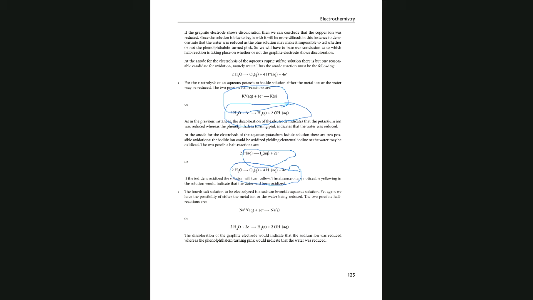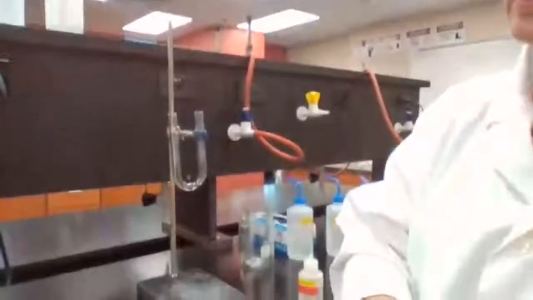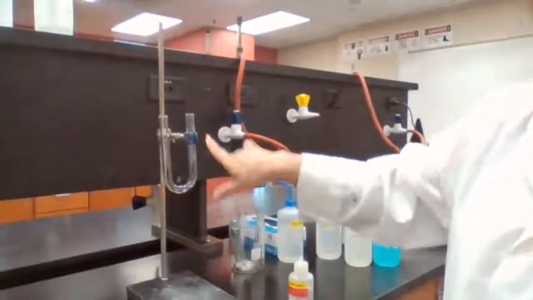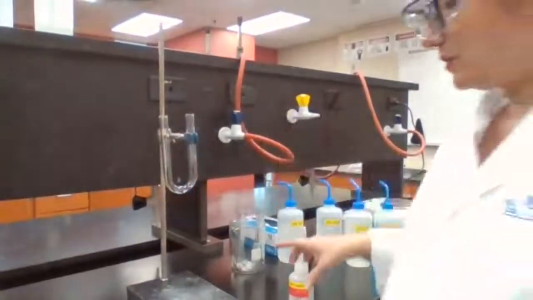So I'm going to start performing the experiment. And as usual, I use my lab manual for performing the experiment. This is for part C of the procedure. For part C of the experiment, first of all, I need to set up the electrolytic cell, which is the U-shaped glass tube.